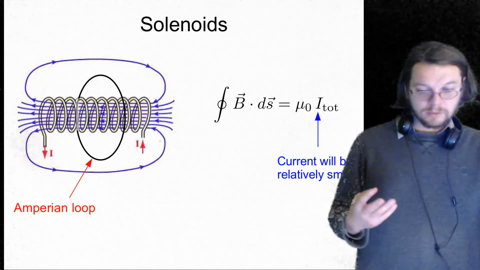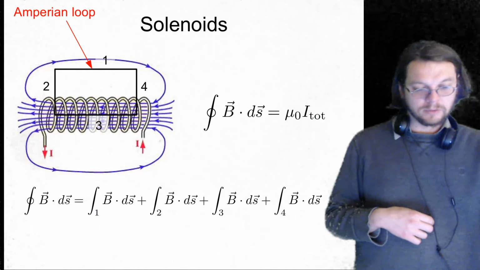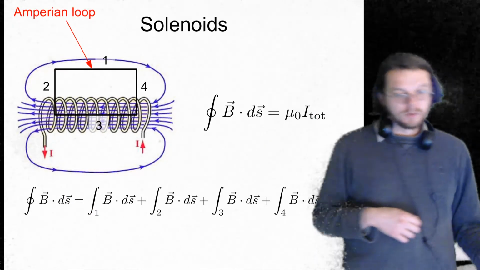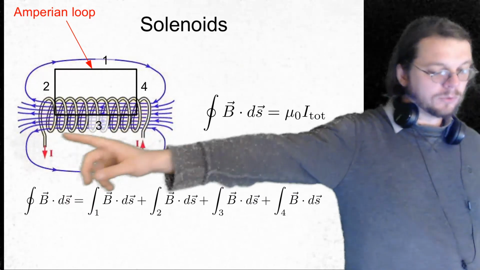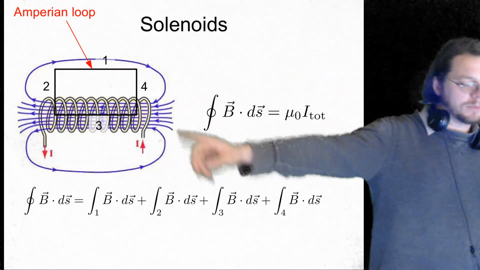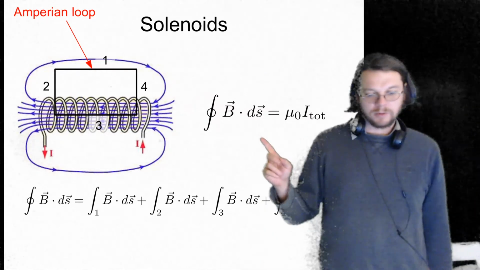A better Amperian loop for figuring that out would be like this. This is nice because you're actually going through the part of the magnetic field that's nice and strong, and so we're going to integrate over this path.